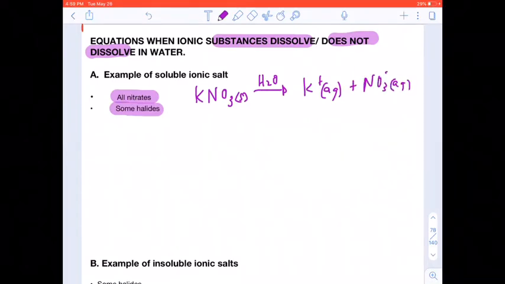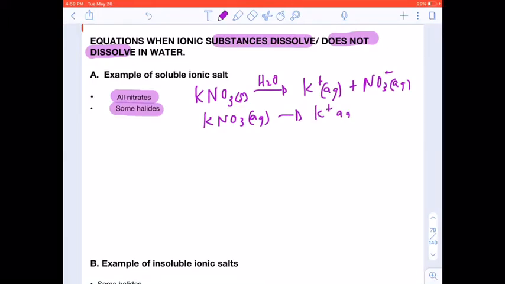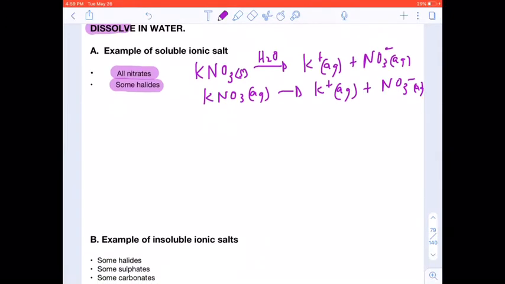That's one way of writing it. Or alternatively, we can write it without the water and say aqueous, which means it's dissolved in water, and that gives us K+ and NO3-. So all nitrates are soluble. Whichever nitrate we have, it is soluble.